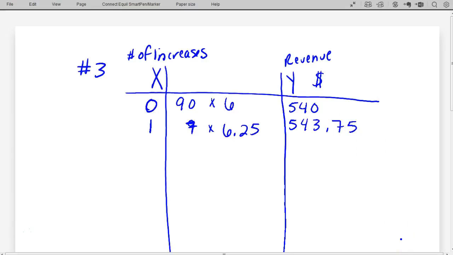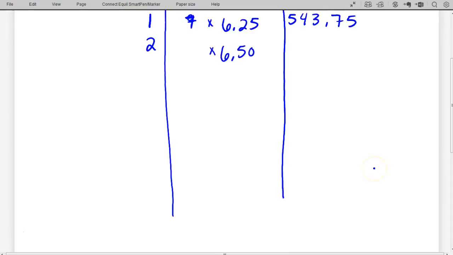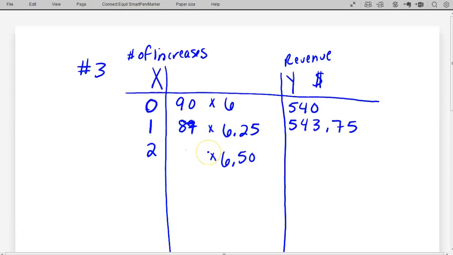543.75, right? And then if we increase it again by 25 cents, this is going to be $6.50. And then over here, we are going to go down 3 more. So instead of 87, we're going to go down 3 more, which is going to be 84.